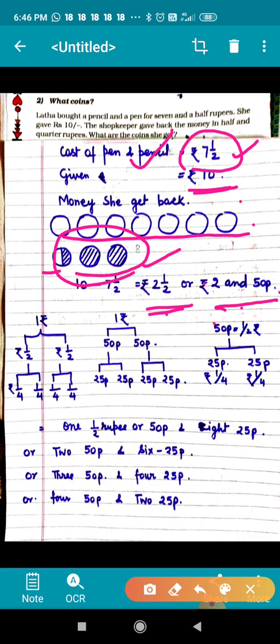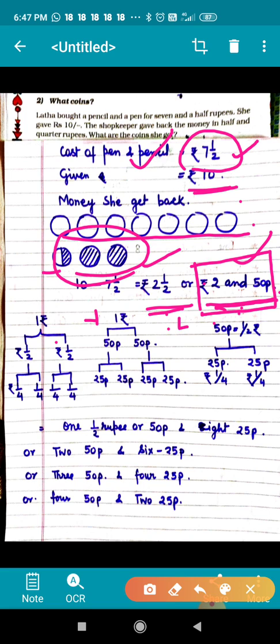Okay, but this amount she is not getting back in this form. She is getting this amount in half and quarter rupee form. Okay, so what will we do for that? First we will break the rupees like this, 1 plus 1 plus 50.